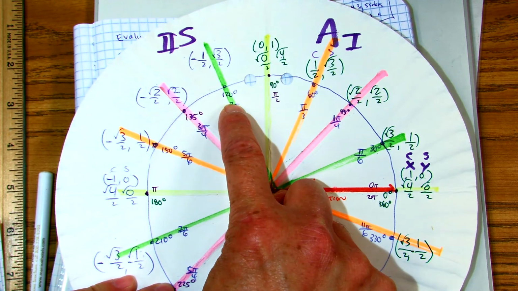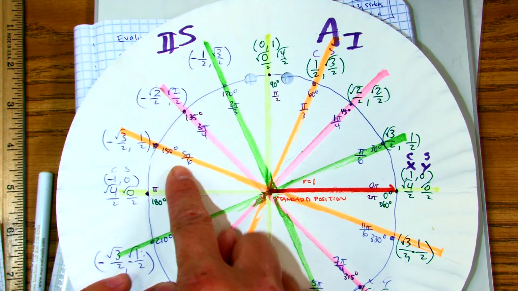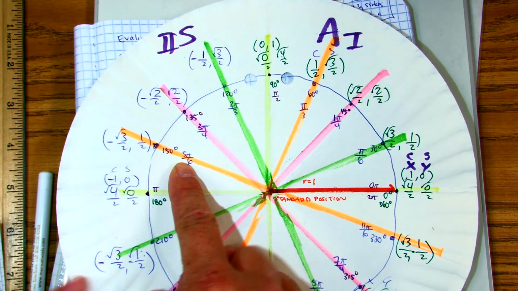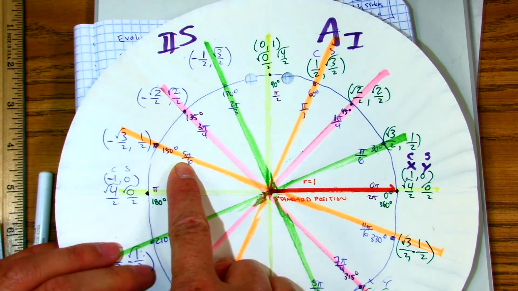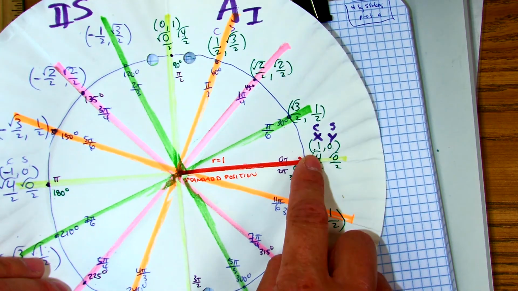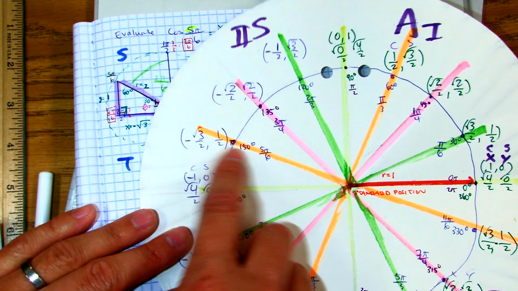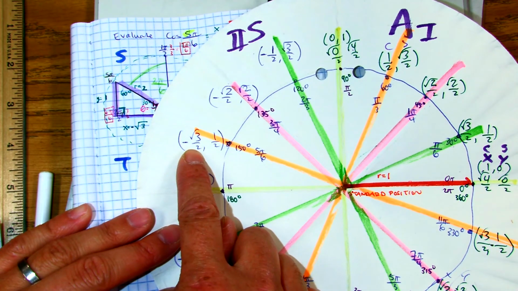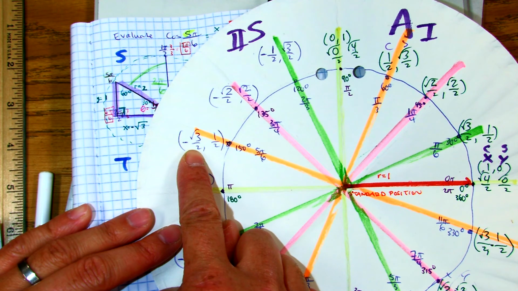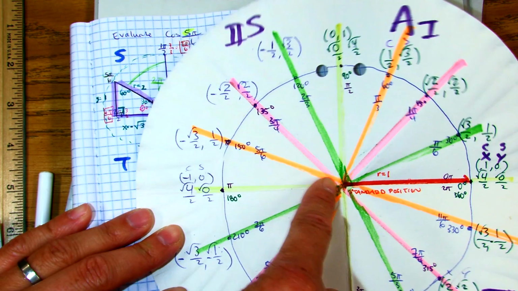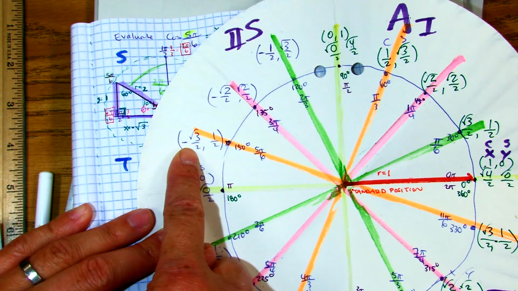I'm skipping the 45s, 5π over 6. Cosine is the first ordered pair. Your answer is negative radical 3 over 2. Did you guys blink? That was fast, wasn't it? All I need to know is where it is, and then I just look at my ordered pair. That was it. That's the answer.